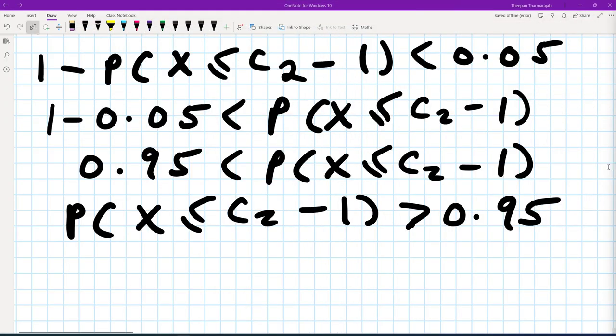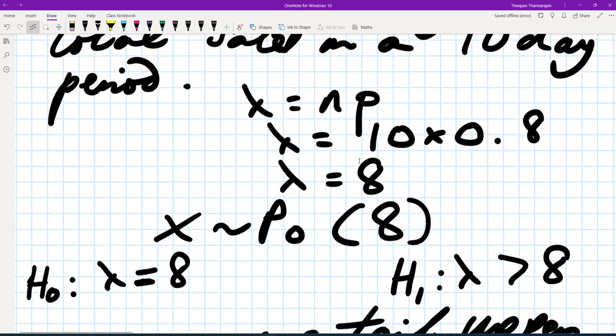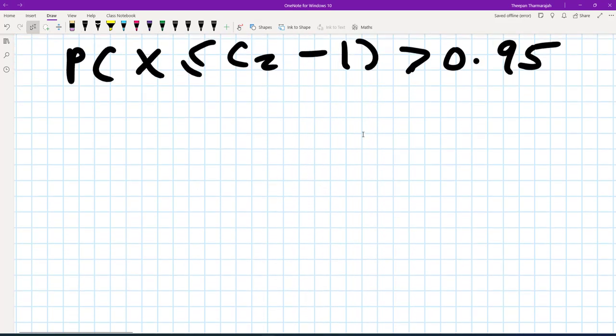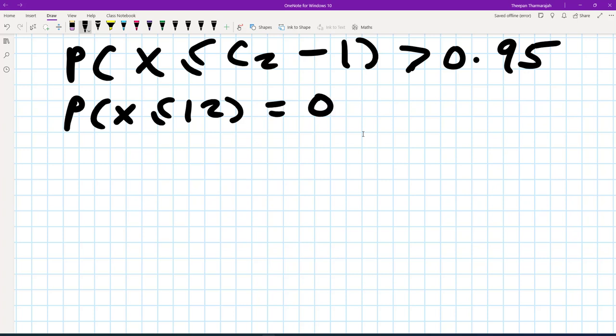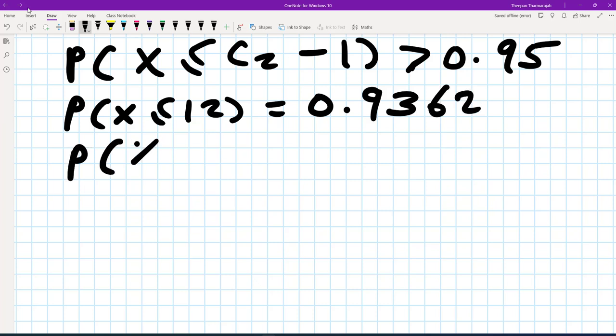So here we're going to say, just making sure that lambda is definitely 8, otherwise I would have chosen the wrong values. Lambda is definitely 8. That's fine. So it's going to be the probability that X is less than or equal to 12, which is very similar to the example that we did initially, 0.9362, which is lower than the probability that X is less than or equal to 13.